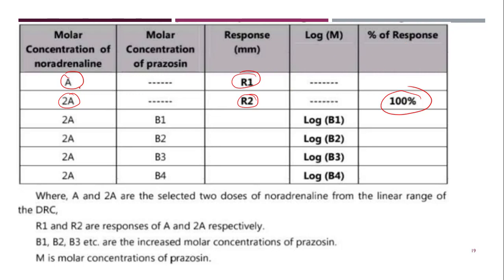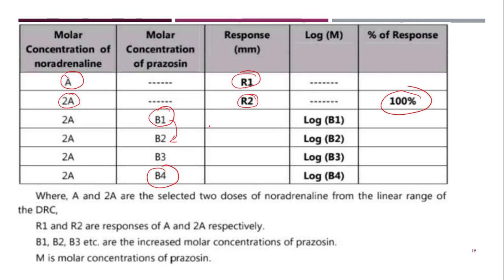Then we have to go on adding the B1 to B4 molar concentrations of prazosin, and this B1 should be 1/10 of this concentration of the noradrenaline. So we have to go on increasing the concentration of this prazosin from B1 to B4.